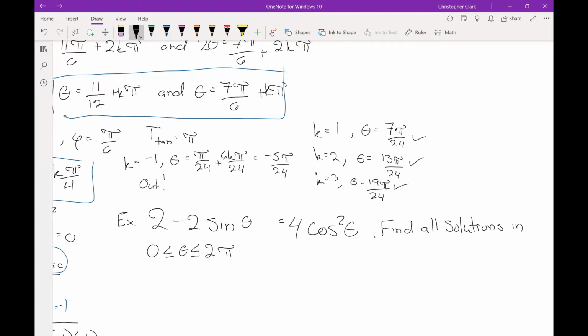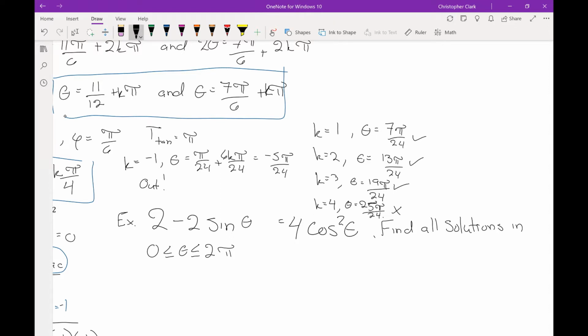That's good. However, if you did k equals 4, you would end up with pi over 24 plus 24 pi over 24, which is 25 pi over 24. That is not good.